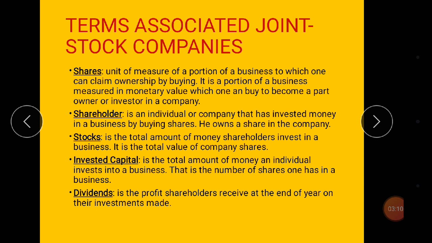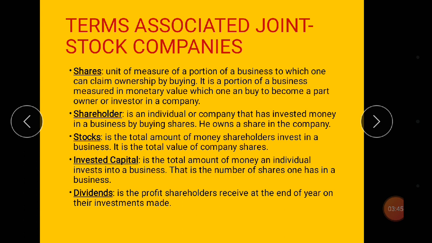When we are talking about joint stock companies and we mention shares, shares is just a unit of measure of a portion of a business to which one can claim ownership by buying. So a portion of a business that you can buy and claim ownership of. That this is my portion in this company is what we call shares.